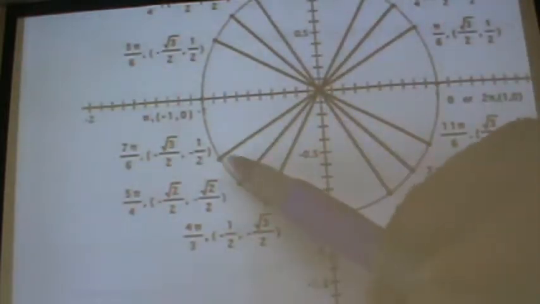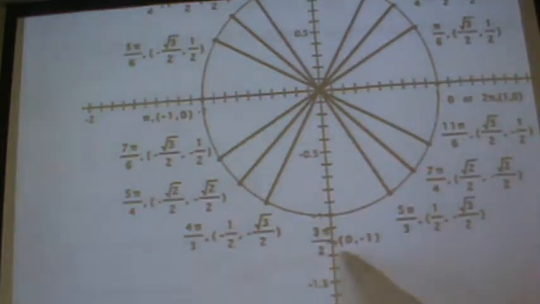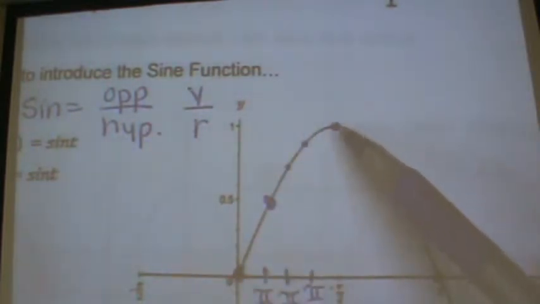And then again, 7 pi over 6, 5 pi over 4, 4 pi over 3, and 3 pi over 2. You're going to keep going all the way around. Believe it or not, you will get all of these points. From here to here, it goes up to 1, then to 0, then to -1, and all the way around the circle.